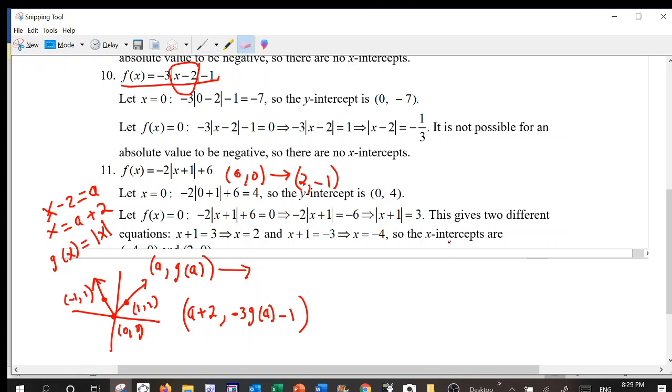So (0, 0) goes to, let's graph it here, (2, negative 1). There. So this vertex right there is right there. And then what about (1, 1)? (1, 1) goes to, well, 1 plus 2 is 3. And so on.